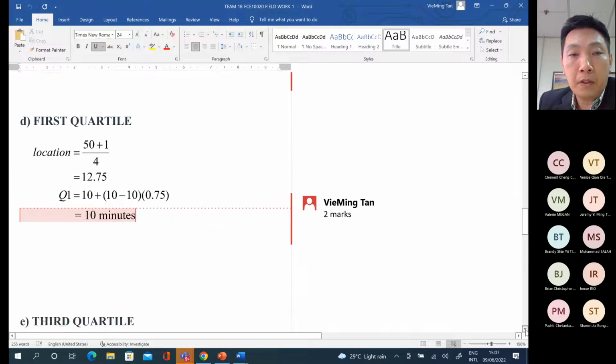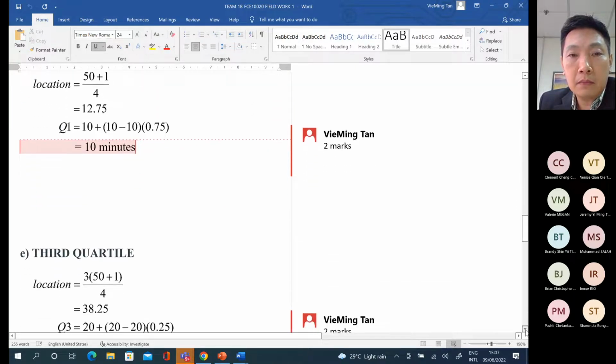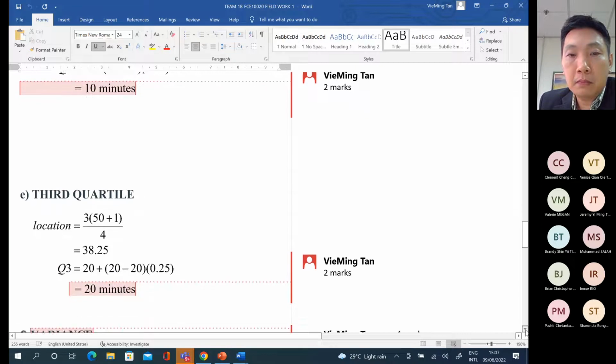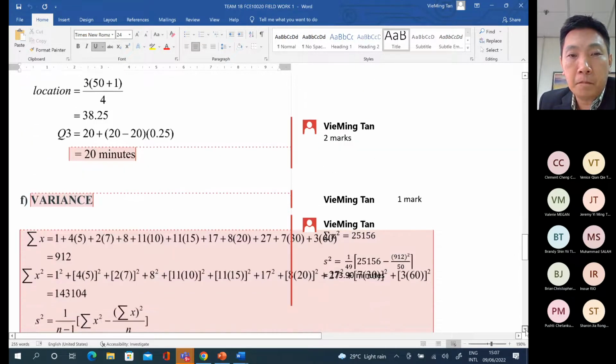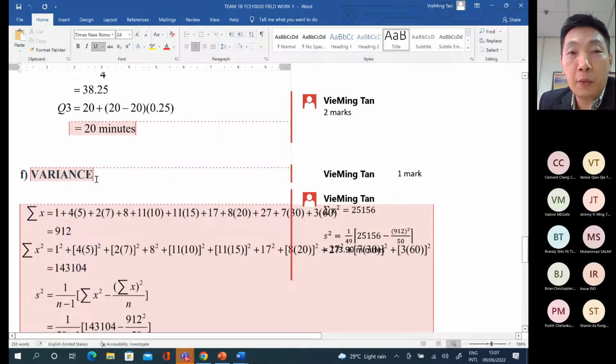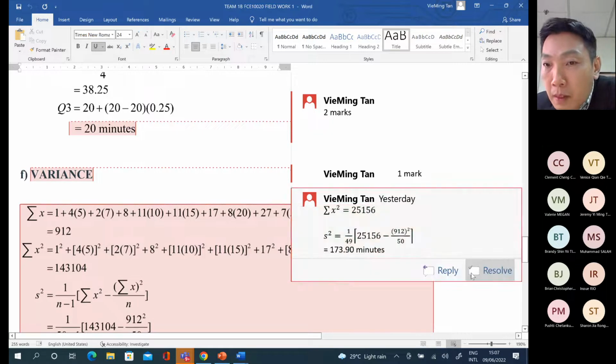First quartile, third quartile, variance. You see for yours, because you did not put equal compared to team 3A, team 1A is okay because you didn't put it, so no marks are deducted for this part. But let me see.